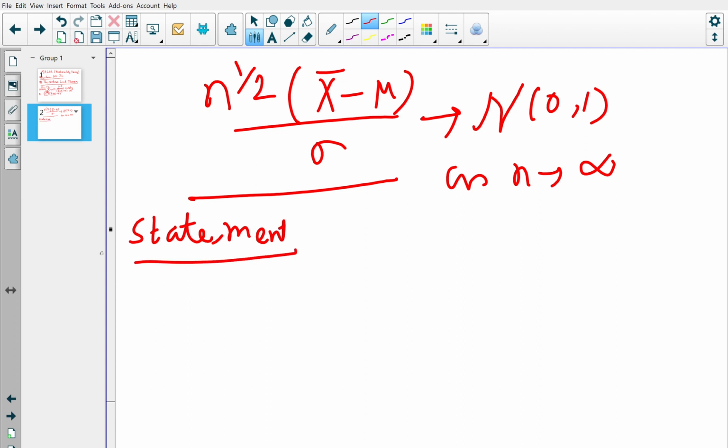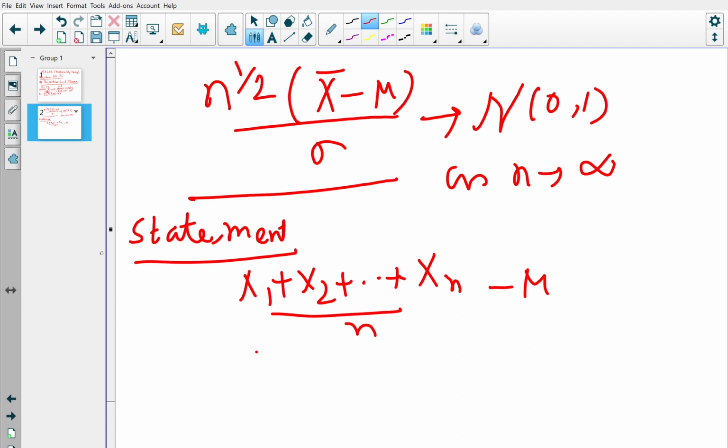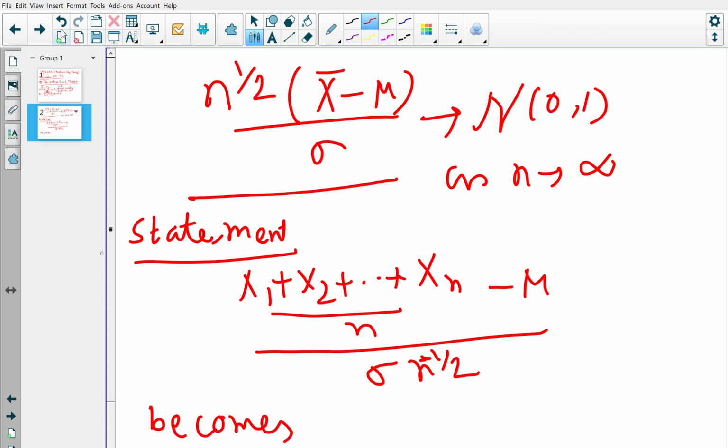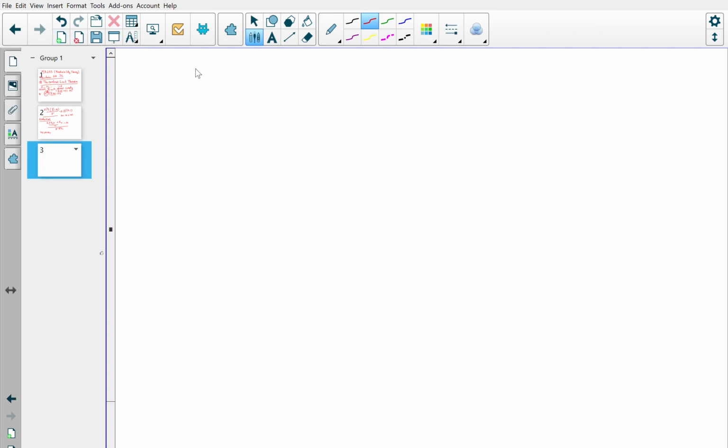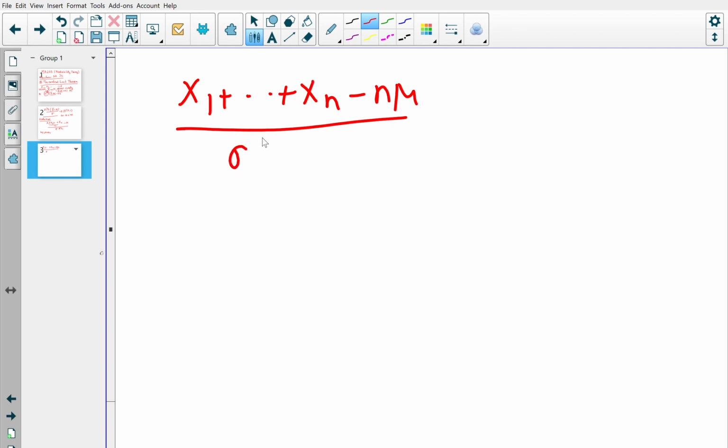So now you can write this x bar as x1 plus x2 plus dot dot dot xn, divided by n, minus mu, and then you multiply by n power half over sigma. If you multiply by n, this quantity becomes x1 plus dot dot dot xn minus n mu, divided by sigma into n power half.